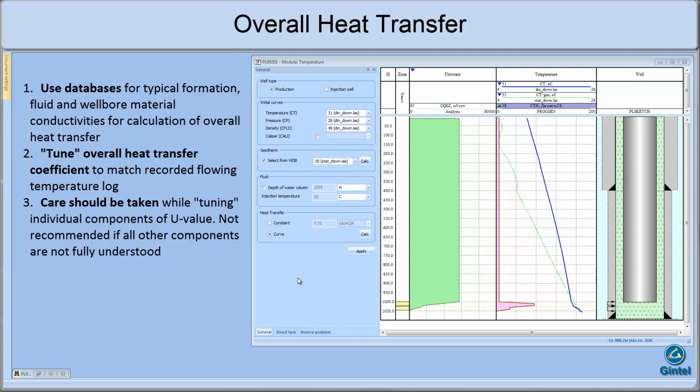We have to use a database for typical formation, fluid and wellbore material conductivities for calculation of U value. We have to tune the overall heat transfer coefficient to match the recorded flowing temperature log, which is the blue one on our middle track. Care should be taken while tuning individual components of U value. It's not recommended if all other components are not fully understood.